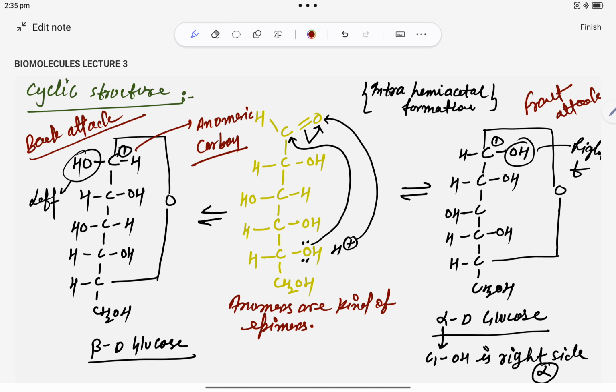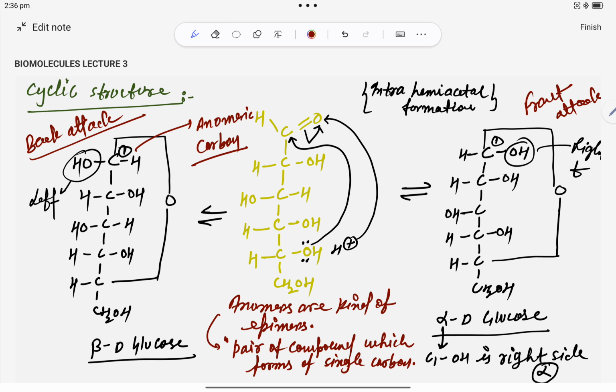Okay, why anomers? From one carbon atom, on the same carbon atom, we are getting different species. Anomers are a pair of compounds which differ at a single carbon.